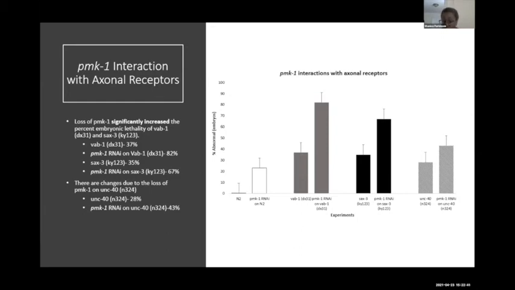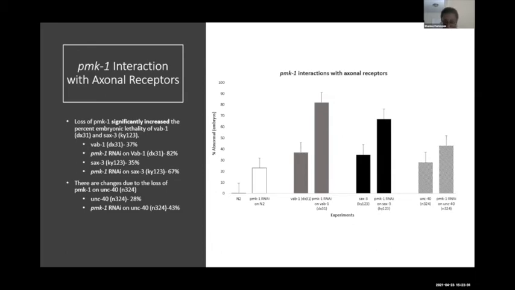Recall that we tested on the axonal guidance receptors VAB1, SAX3, and 40. For VAB1, we saw about 40% death, but when we introduced the PMK1 RNAi on VAB1, it went further than the 20% death toll that we saw in N2. We saw about an 80% increase in the percent abnormal embryos.